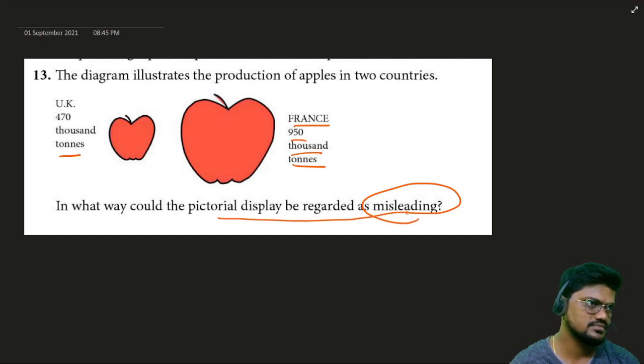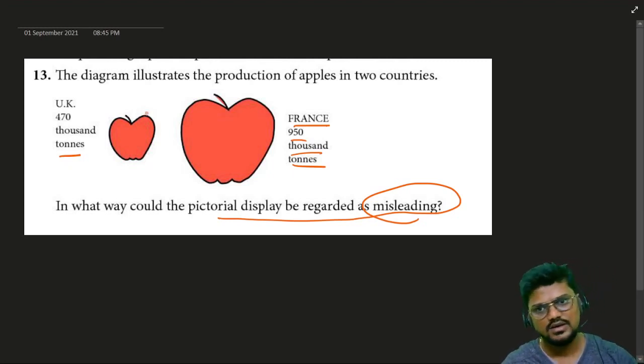Yeah, you can tell, no problem. What is misleading in the size? The production of apples in France is double, but the apple looks more than twice the size of the first apple. Yeah, that's the right answer.